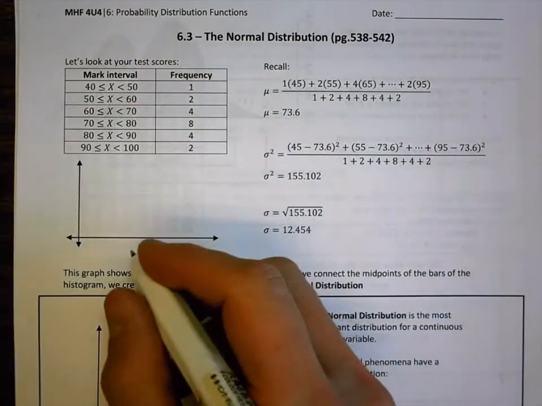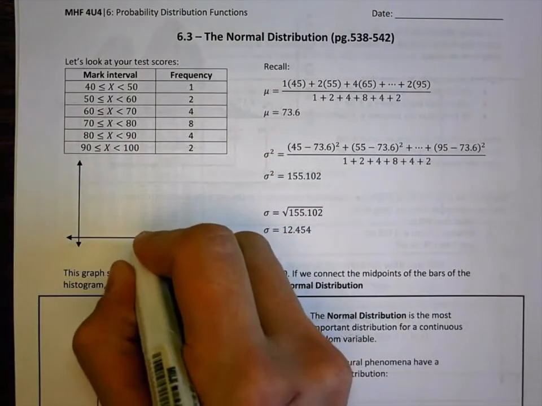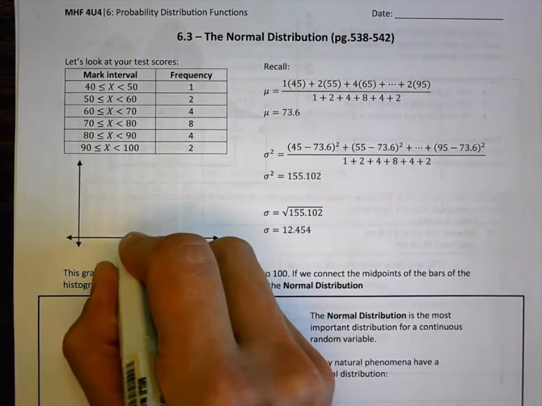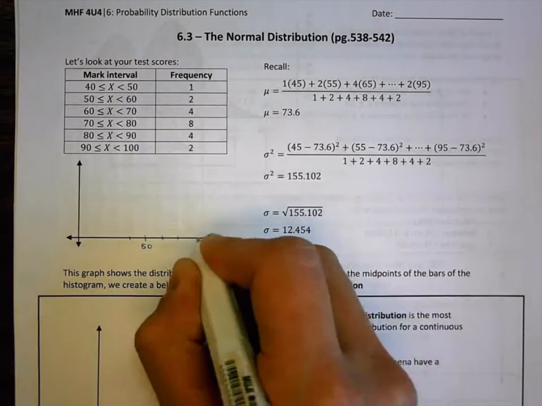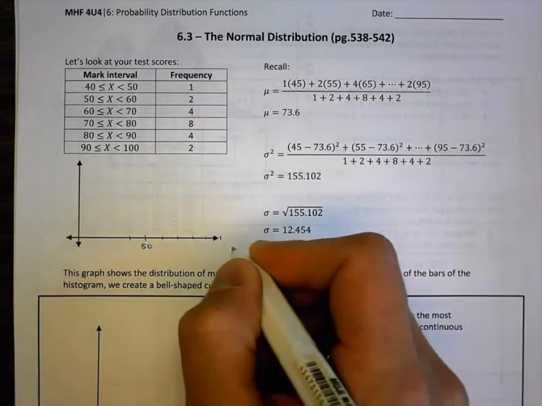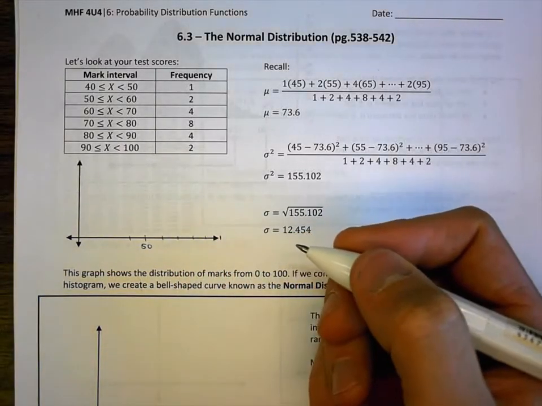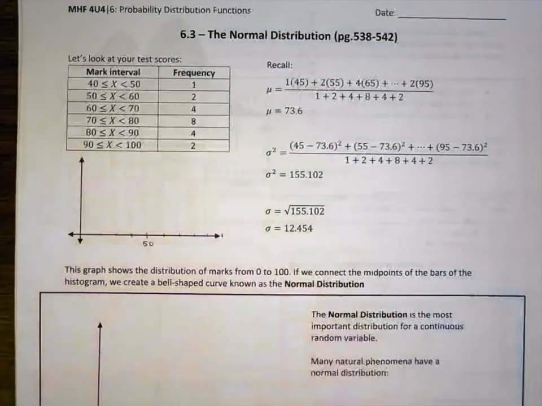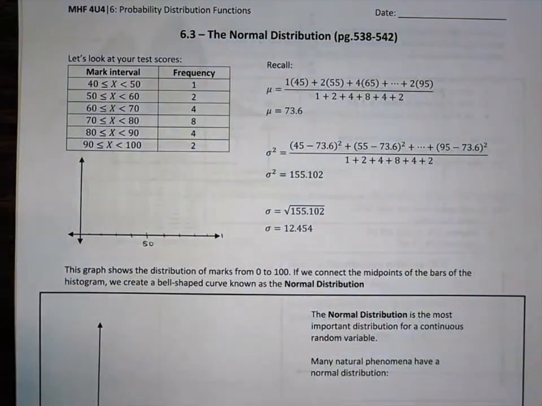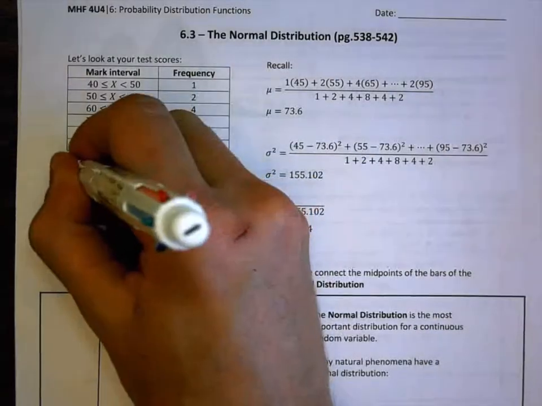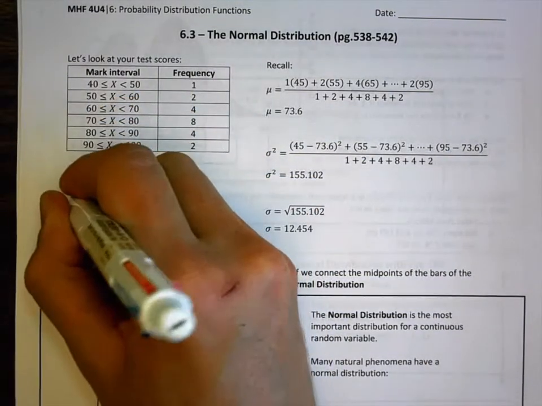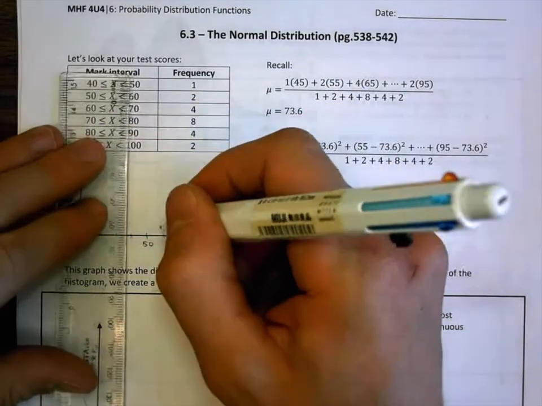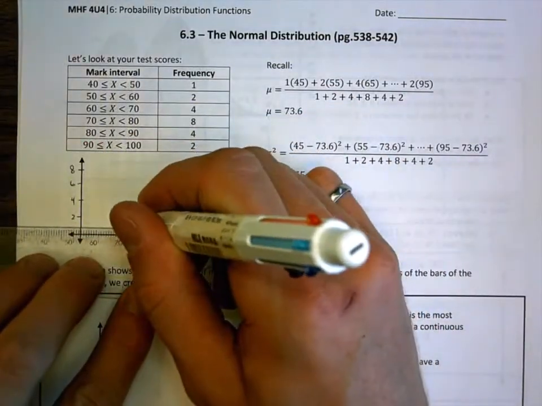So let's say I was going to graph this on a histogram. I can do this quickly. This would be 50 here, and I have 40, 60, 70, 80, 90, 100, something like that. 30, 20, 10. I'm going to very quickly draw this. The highest number is 8, then I have 4 here, 2, and 6. For between 40 and 50, I go up to 1.